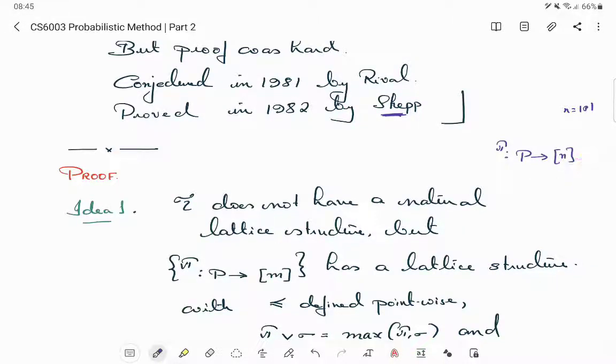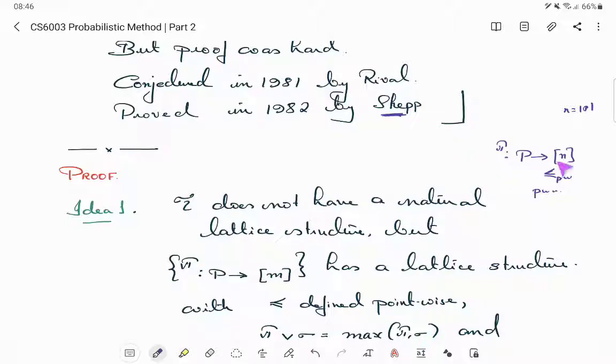So this is a function, and we have seen that functions do have a natural lattice structure. You can take this point-wise, or component-wise, less than or equal to as the order relation, and in that case the point-wise min and the point-wise max will play the role of meet and join respectively.